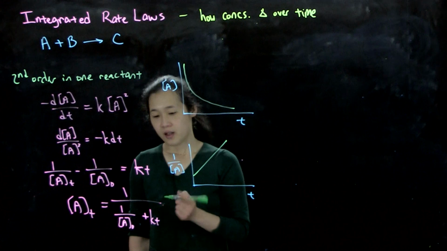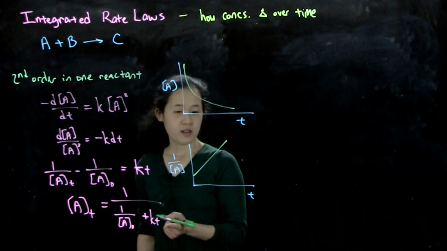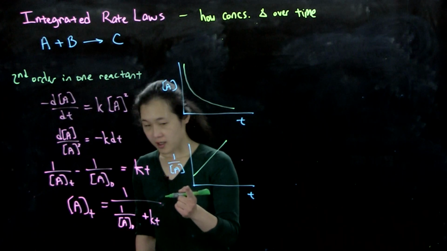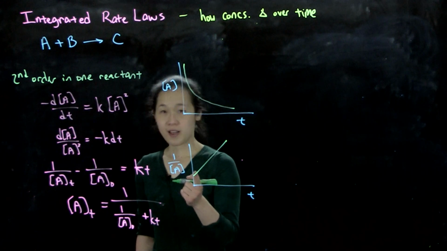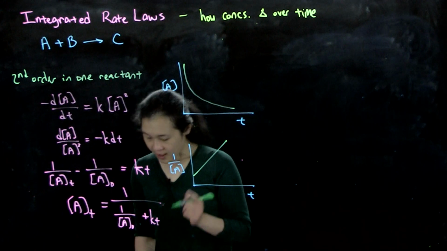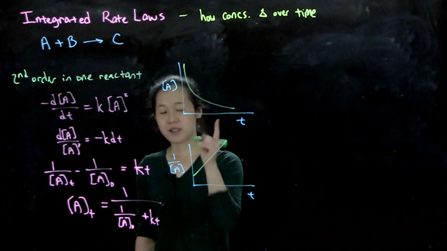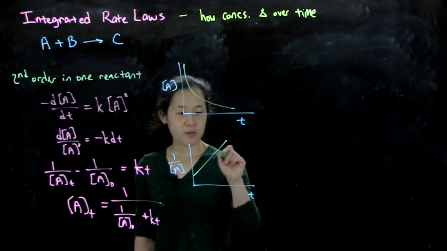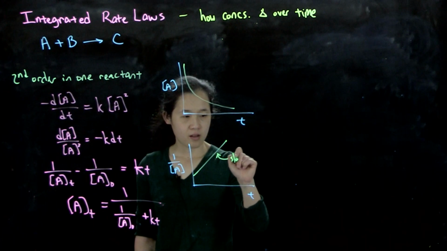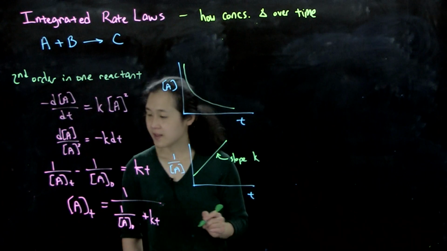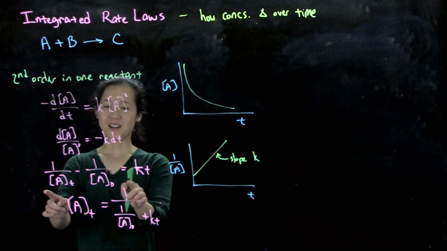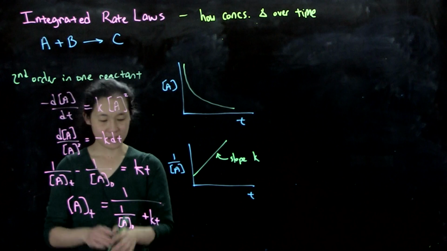And then our intercept, of course, will be, no, it's 1 over A at time 0. And then this slope, again, will be k. Sorry, I got a little confused. So this is our linearized equation.